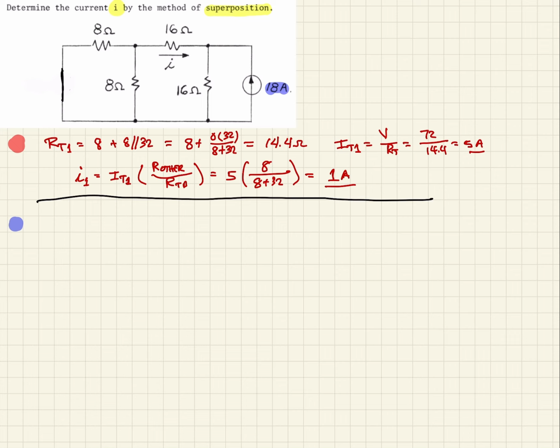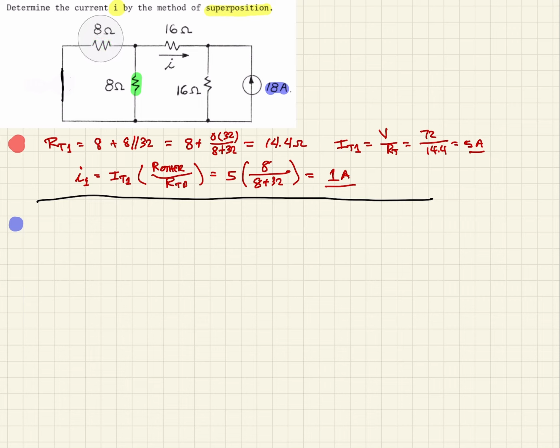And so we see that that makes these two resistors in parallel. So then we could replace those two resistors. Anytime you have two resistors of the same value in parallel, that just halves them.